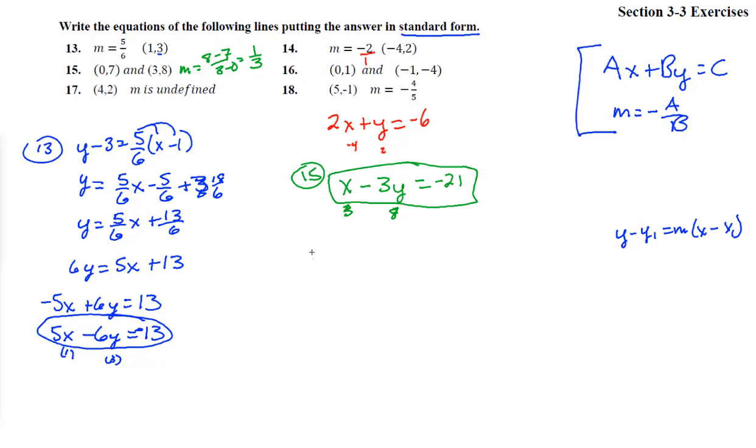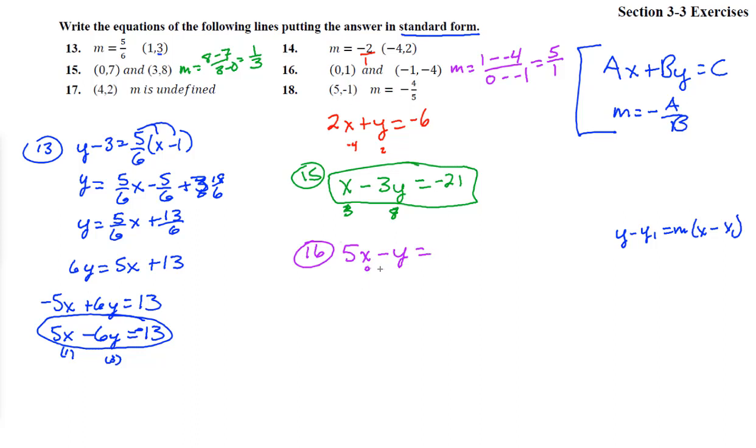Number 16. Let's find the slope. Slope is going to be y minus y over x minus x. So 1 minus a -4 over 0 minus a -1, and we get 5 over 1. So using this shortcut of slope, opposite sign there, we're going to have 5x minus 1y. 5x minus y equals, and then stick in a point.